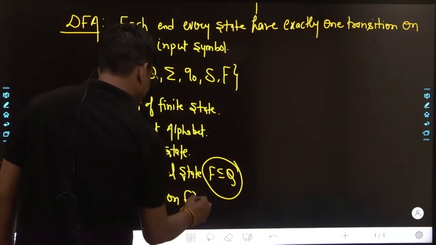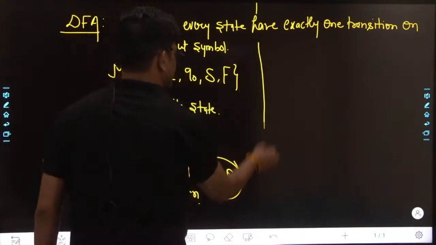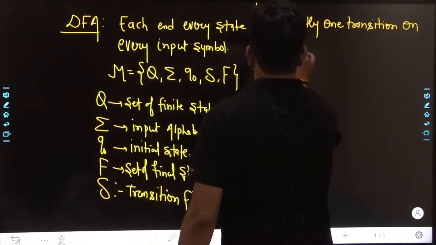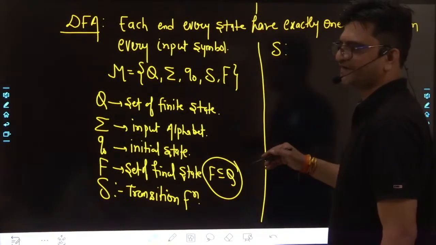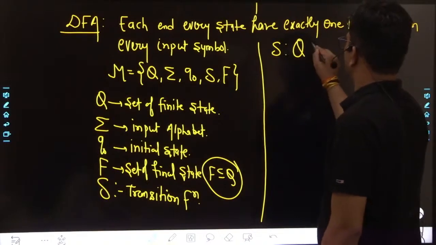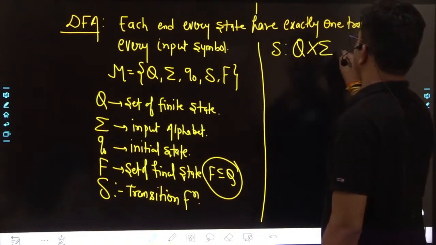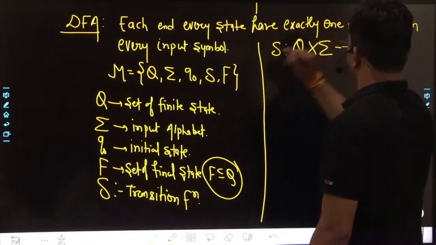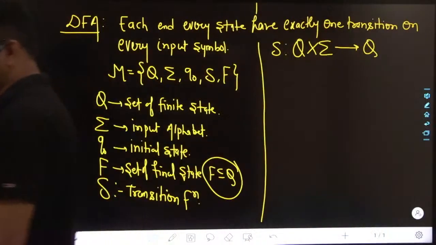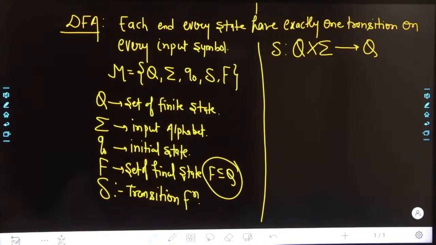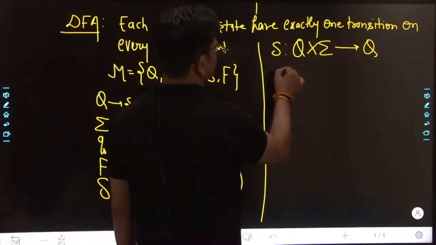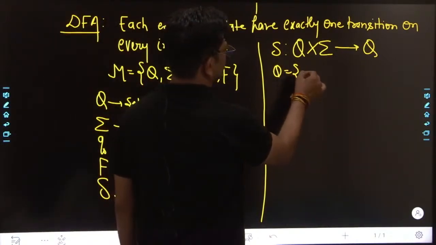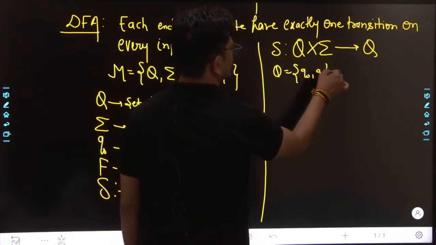Transition function. So delta is defined in deterministic finite automata as Q cross sigma. For every input symbol, we have exactly one state. Each and every state has exactly one transition on every input symbol. Suppose we have two states, Q0 and Q1.